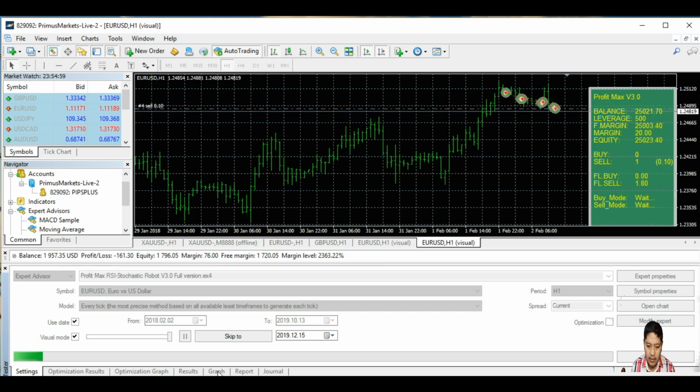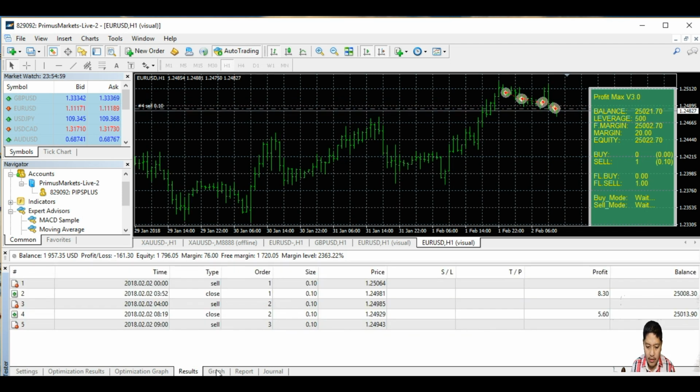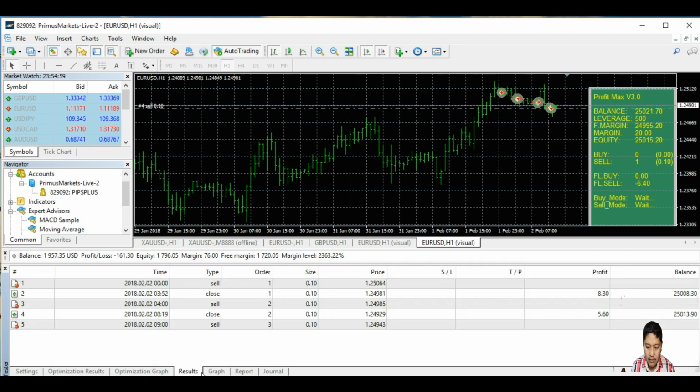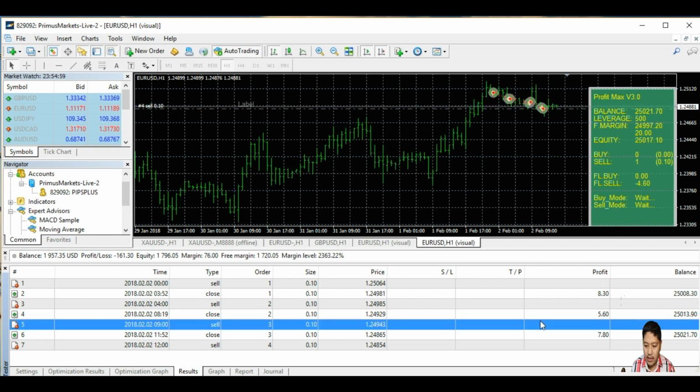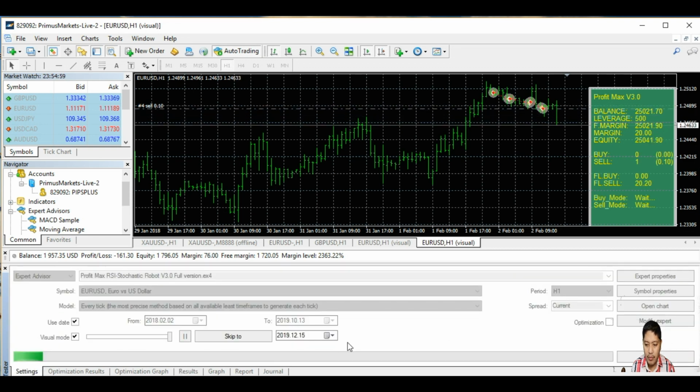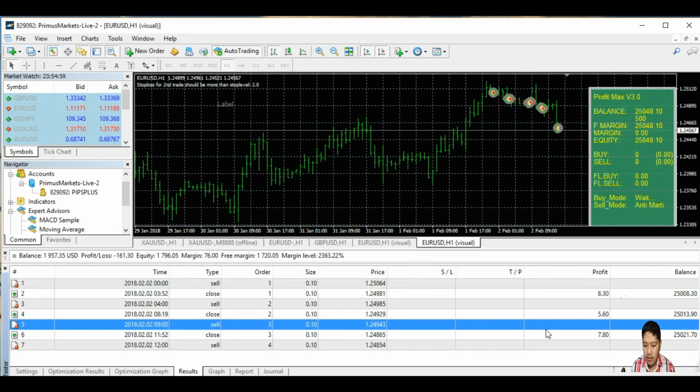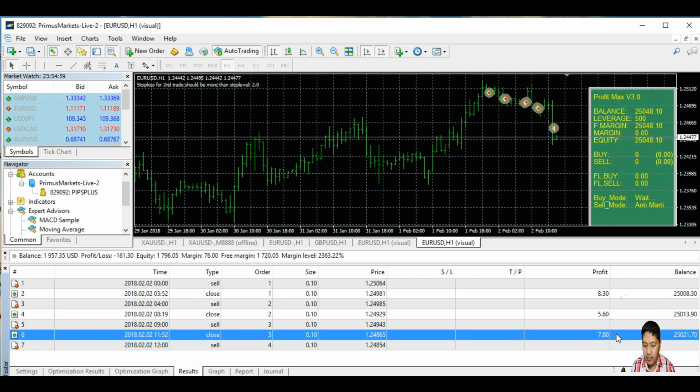So there is a close again, right? Another entry. So possibly the entry is there because there is momentum to a downtrend. Okay, so look at that, it says earnings, right? So that is how this EA works, and look at that, this one is even bigger, right?